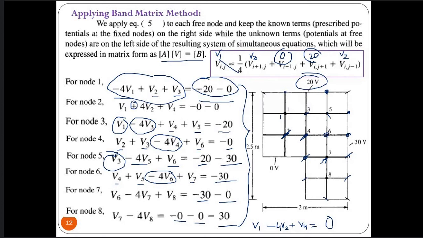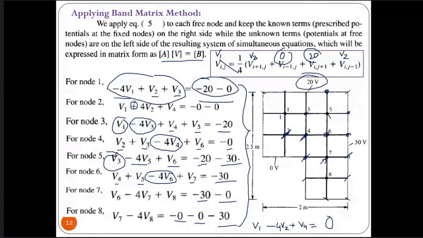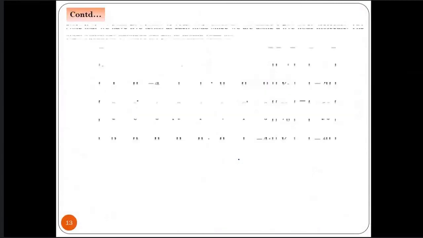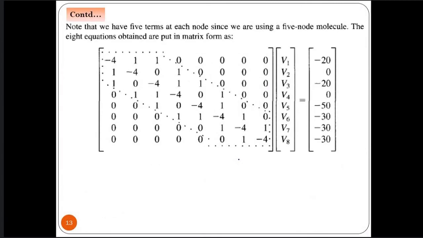So it will basically form the sparse matrix A into V, and on the right hand side it will form another column matrix, that is B. Now we have to write down this set of equations in the matrix form. If you write down the corresponding equations, it is V1, it is V2, okay.